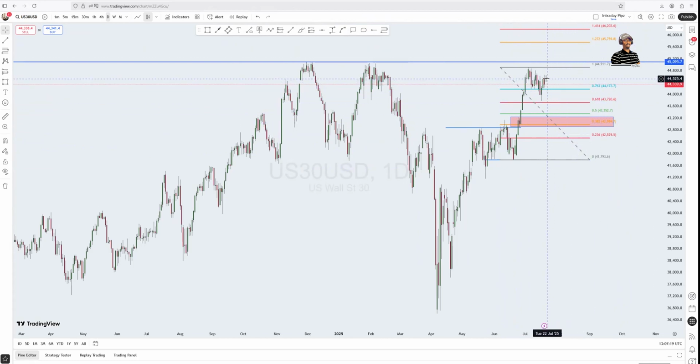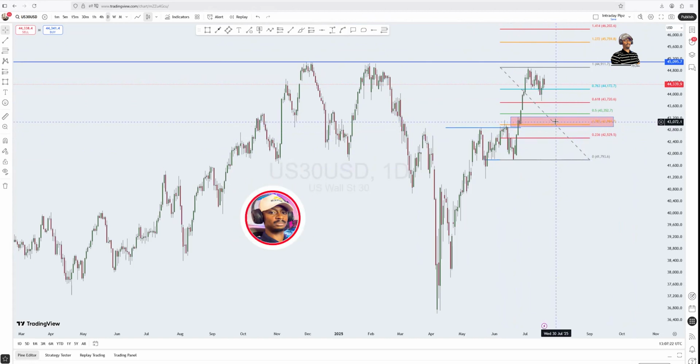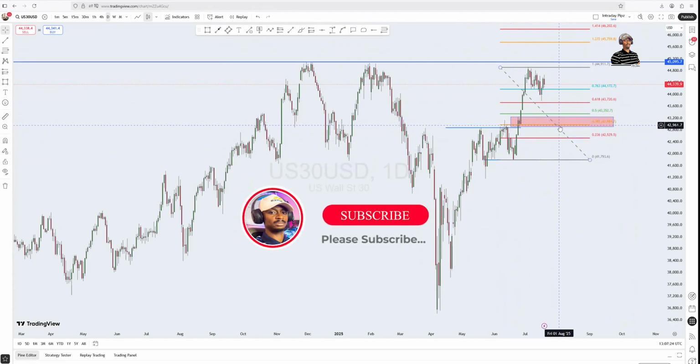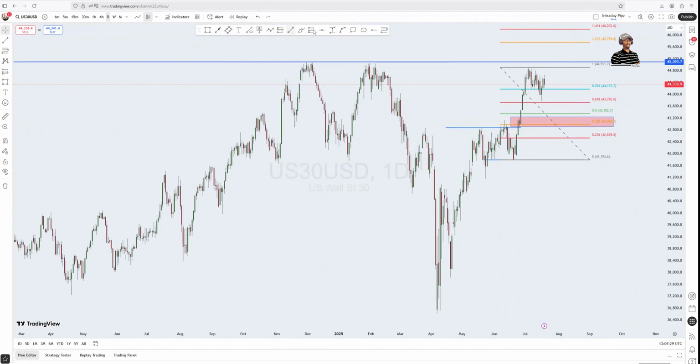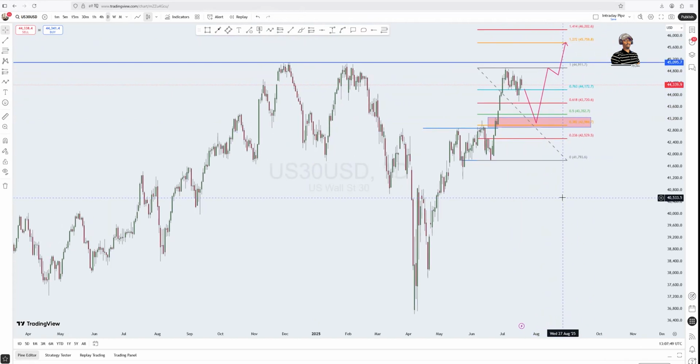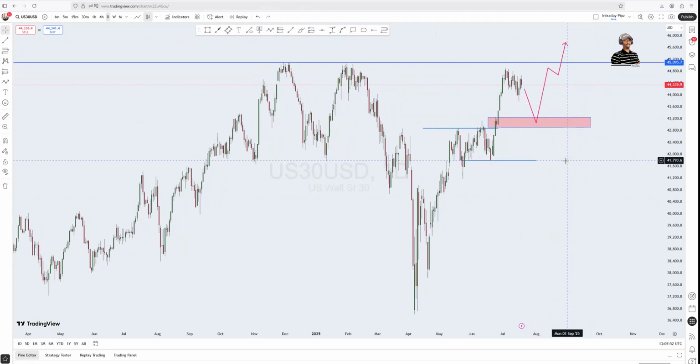So if we do have a sharp drop in price to this zone, which is the demand zone, then of course I'll be looking first of all for price to drop down to this zone, and of course 100% before probably looking for price to take out the previous highs and head all the way to the 45,767 price level. This is basically the expectation I'm going to be looking forward to on US30.